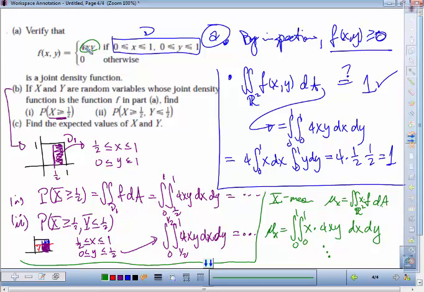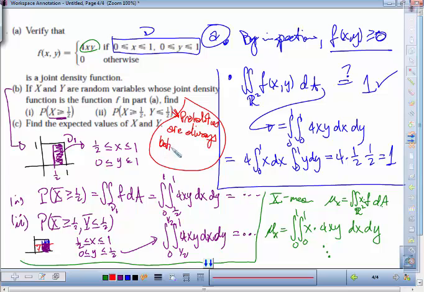So a couple of things to just think about. Probabilities. So these are probability questions. And after you calculate this, you should get an answer between 0 and 1, because probabilities are always going to be values between 0 and 1.